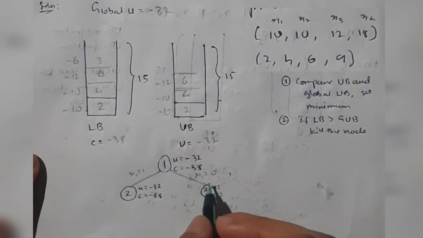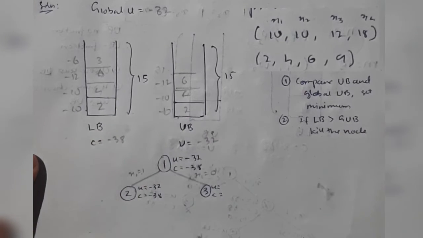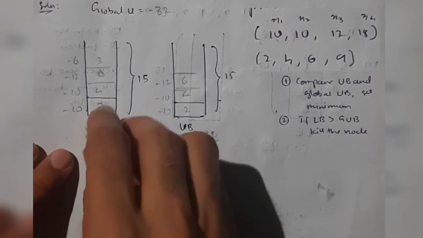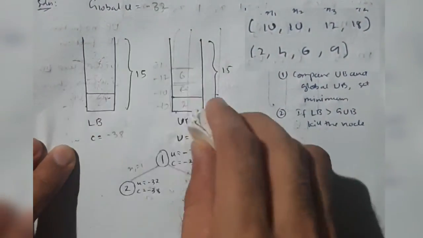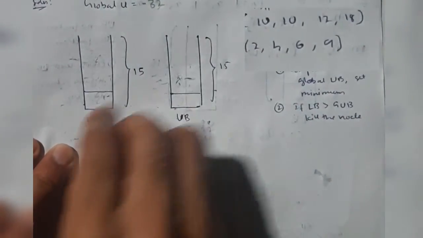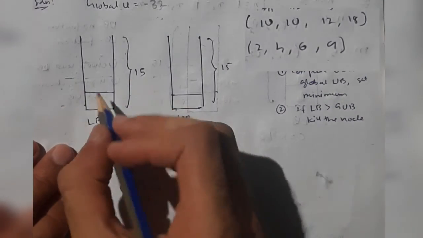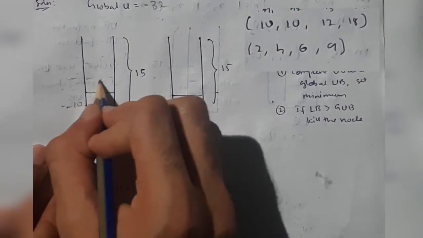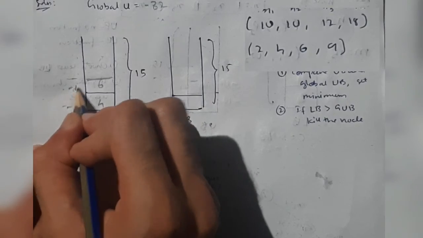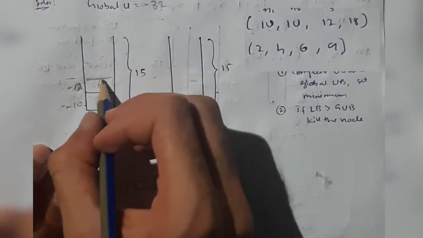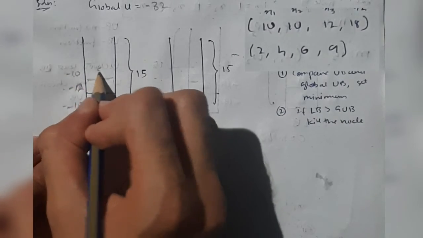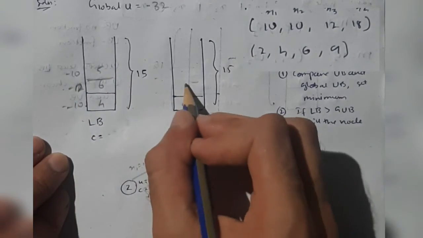The next one, here we have to exclude the object 1 here, so the total profit will be, when we exclude the object 1, we'll be starting from 4, then 6, minus 12, and here we will have 5 spaces left, so the profit will be minus 10, and here 4 and 6.